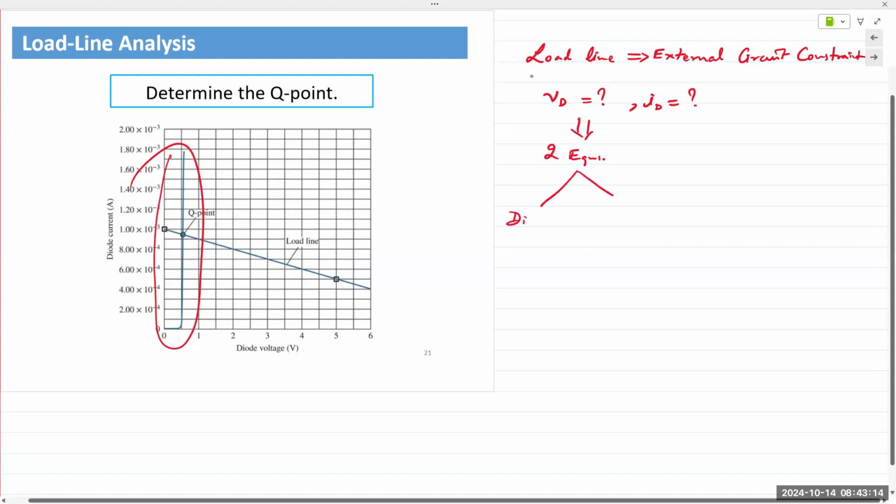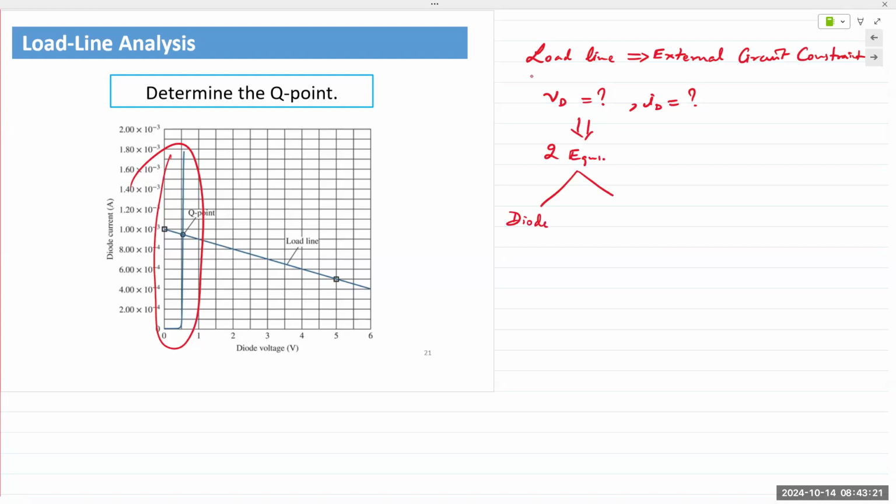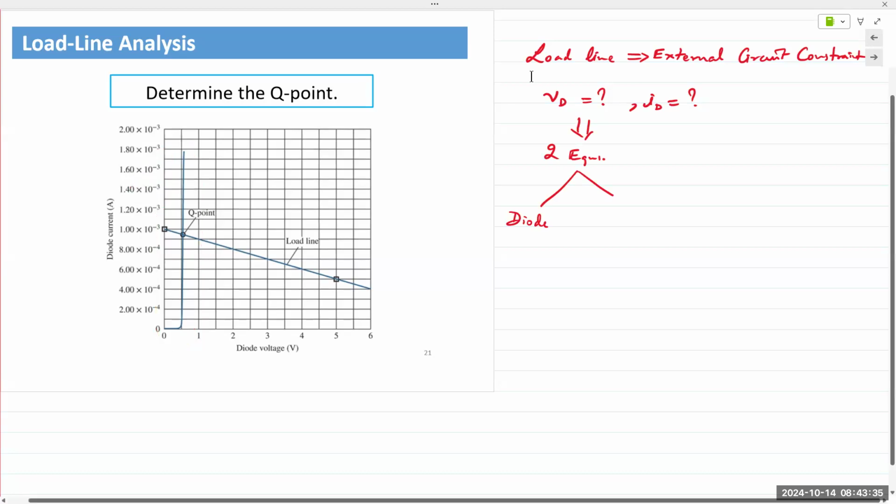One is the diode equation. And as an engineer, if you don't have this characteristic curve, you can plot it yourself from the spec sheet of the diode. We have the diode equation. We have the parameters from the manufacturer. Simply write either a spreadsheet or a MATLAB program, and you can plot it. So you have one equation and one plot.